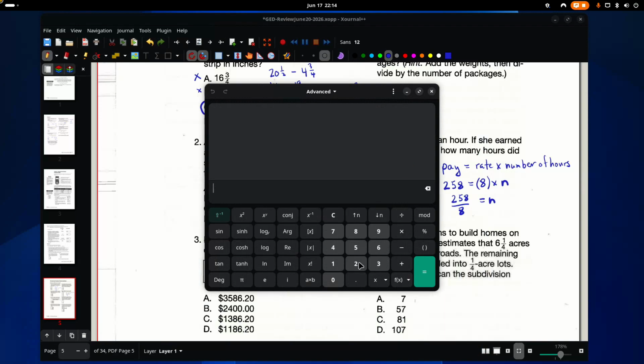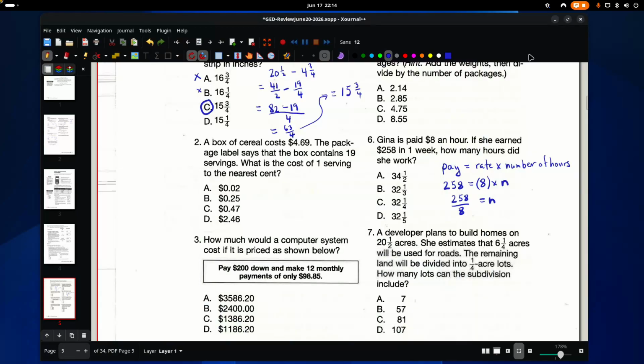Okay, so we've got 258 divided by 8, and that gives us 32.25, but 0.25 as a fraction is 1/4, so it's 32 1/4. So n is equal to 32.25 hours. And so it's got to be 32 and 1/4 right there. That one. All right.